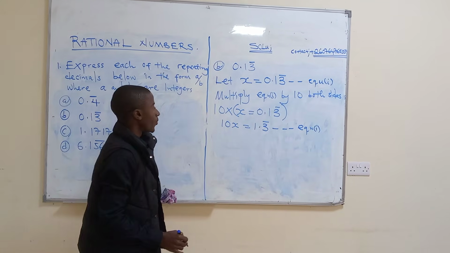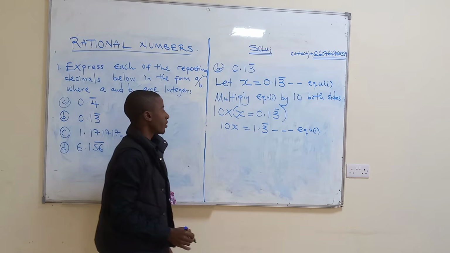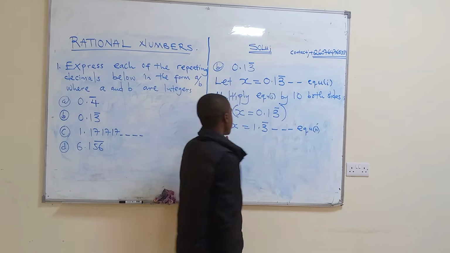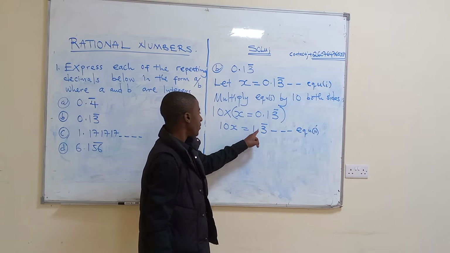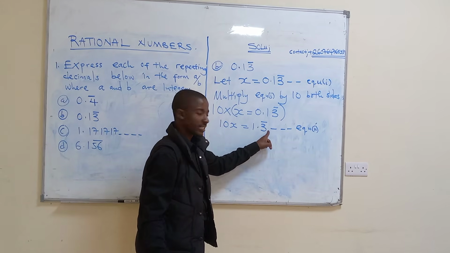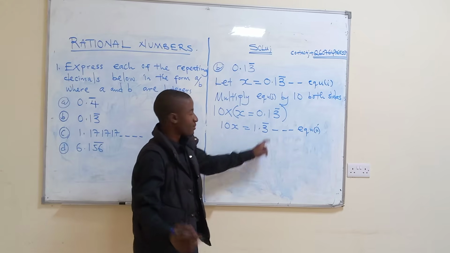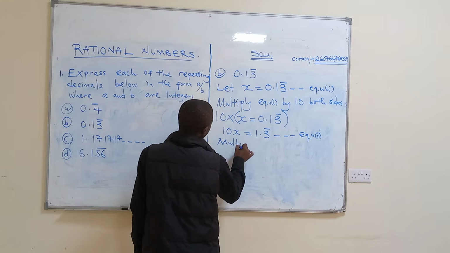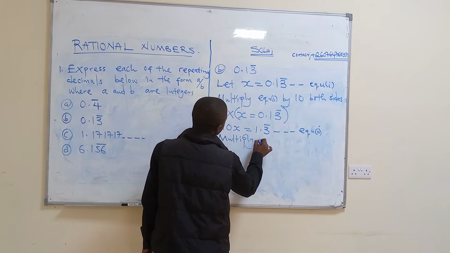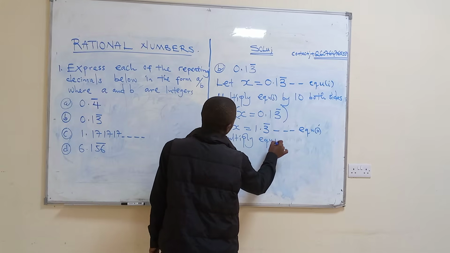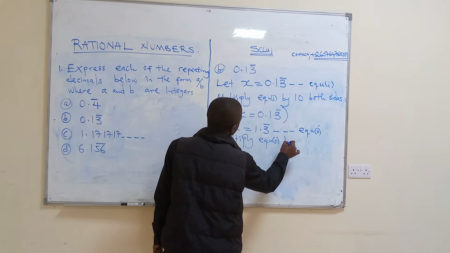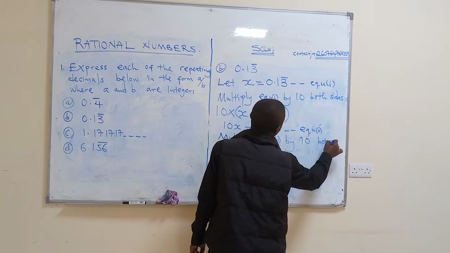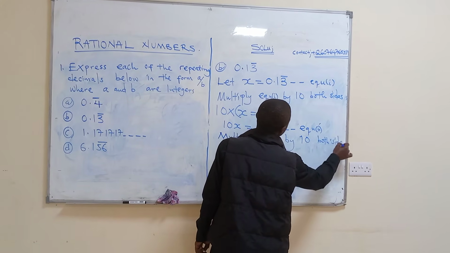Now I'm going to multiply the same equation, which is equation 2, by 10, so that I can move the point past the repeating numbers. So I'll say multiply equation 2 by 10 both sides.